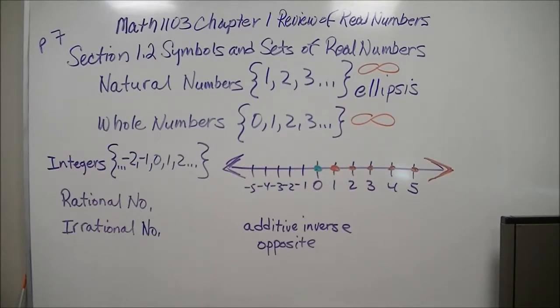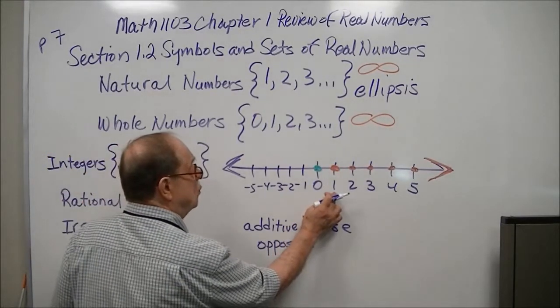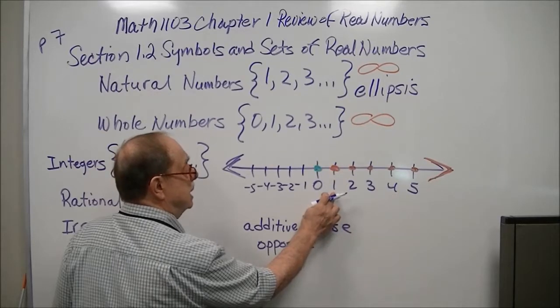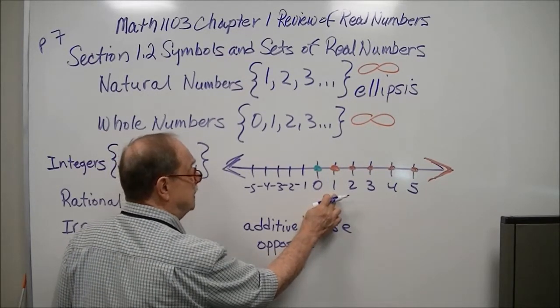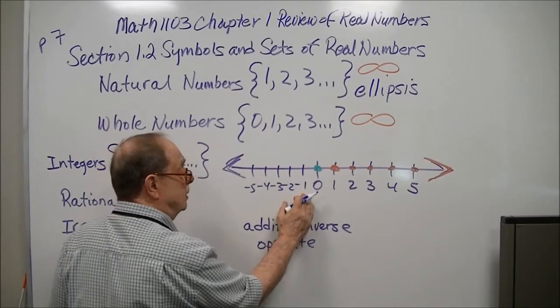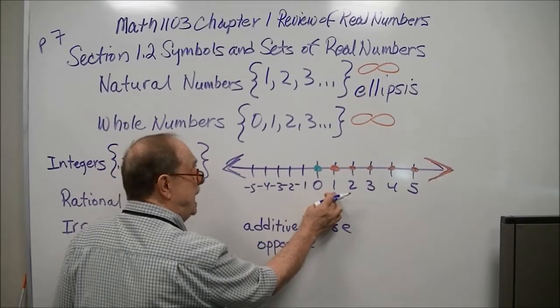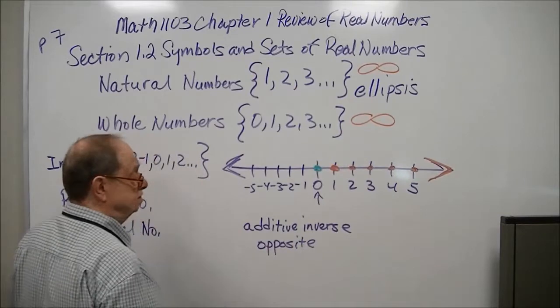Now, how do we define the integers? Well, I've seen different ideas of this, and the one I like is this: if you have 1, which is a counting number and a whole number, does it have a number on the other side of 0 that when added to 1 makes a 0?